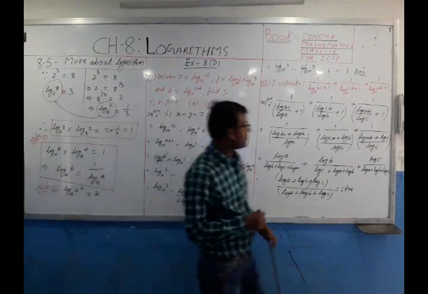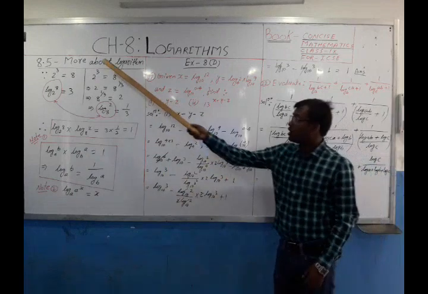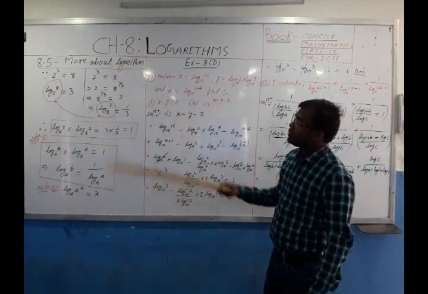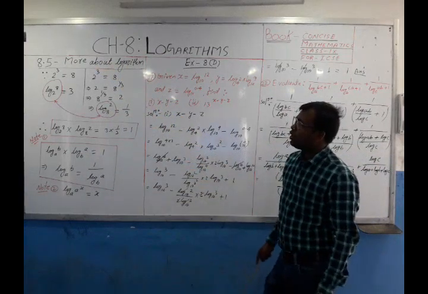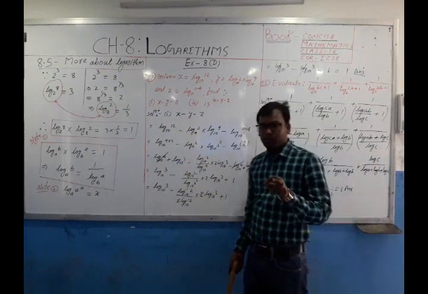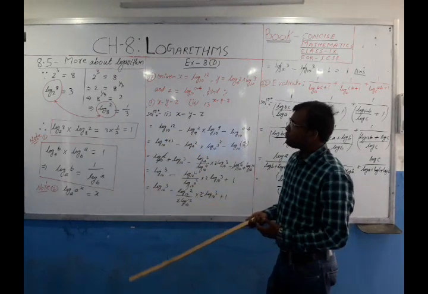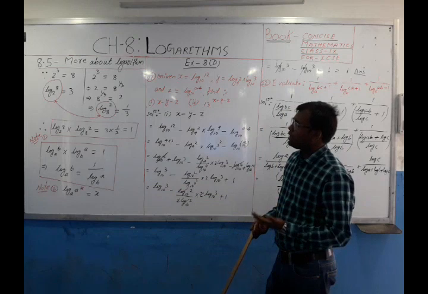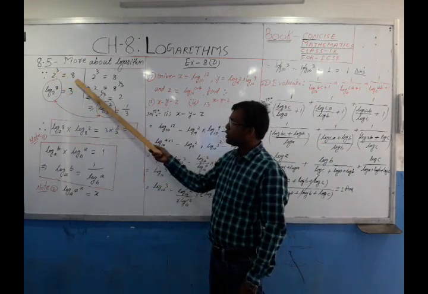Now see, the next topic is more about logarithms. That means this more about logarithm is based on the formula of logarithms or laws of logarithms. So how to make a formula in another way? See, we know that 2 to the power 3 is equal to what? 8.